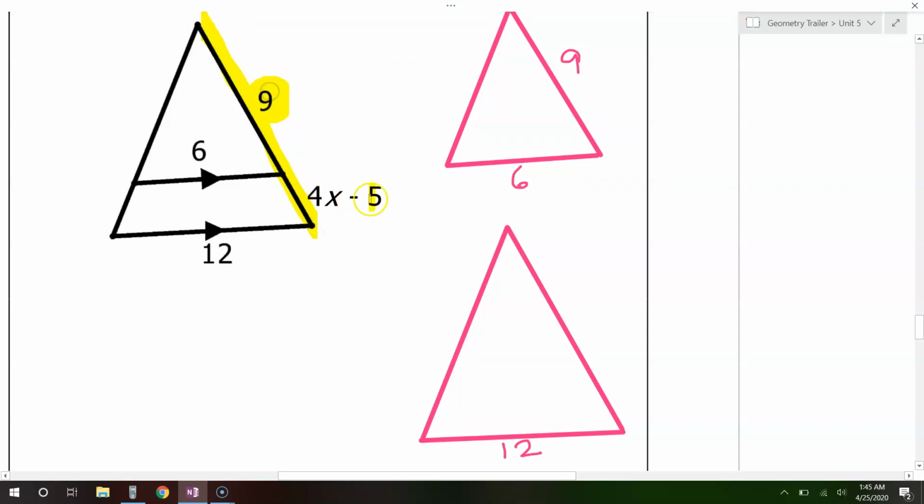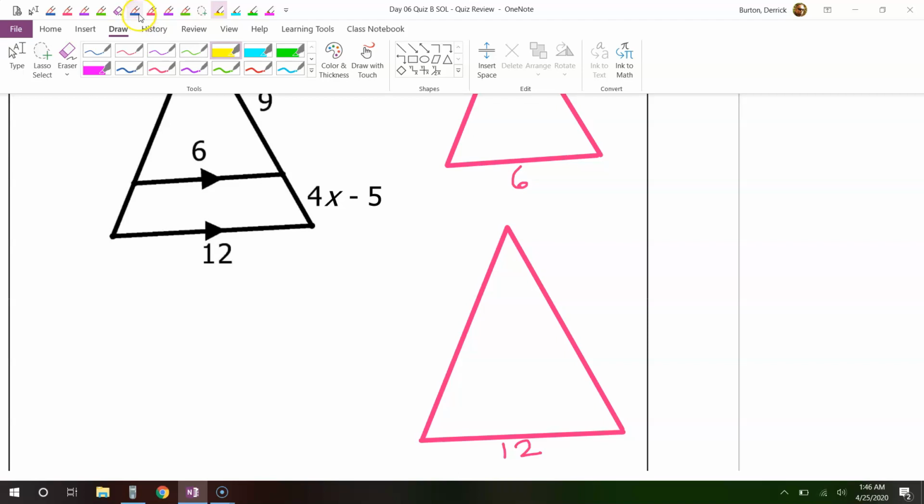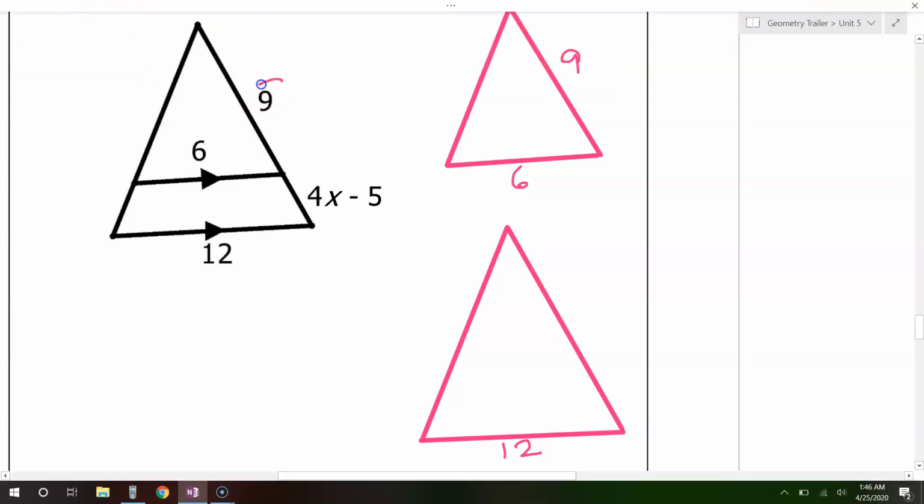So I've got the 9 and the 4x minus 5. So the long side of the triangle is going to be the sum of these two things. All right, so I need to add these somehow. But it's weird, right? How do I add this and this?